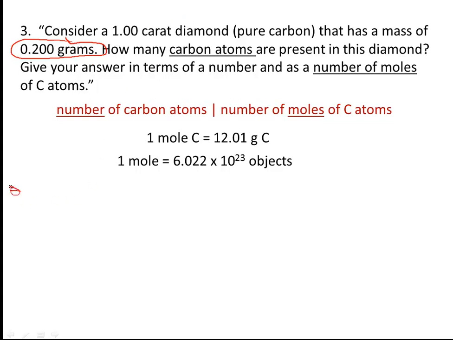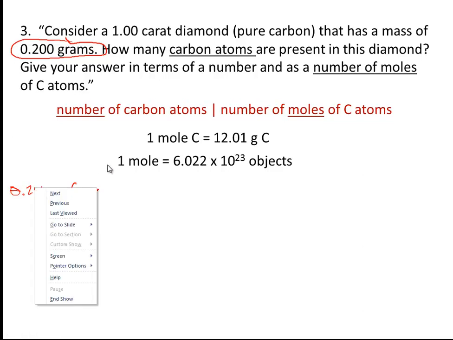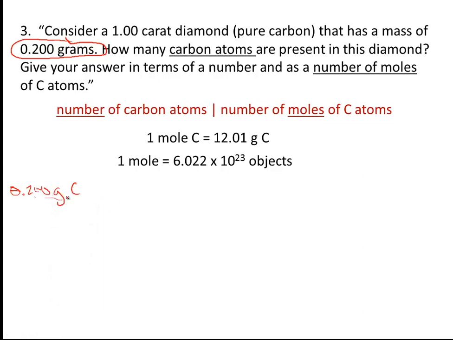So 0.200 grams of carbon, and we want to convert that many grams of carbon to moles, and this is the equivalence that we need. That's going to take us from grams of carbon to moles, so we're going to set up a conversion factor. Because we want moles, we're going to put the 1 mole on top: 1 mole of carbon over 12.01 grams of carbon.